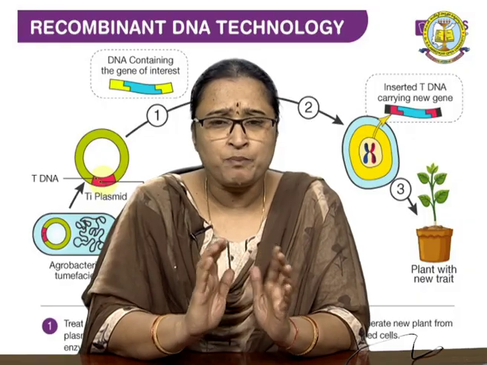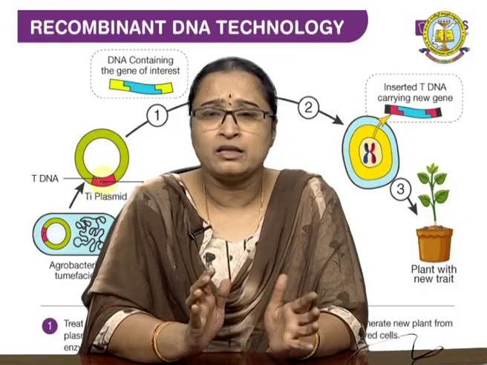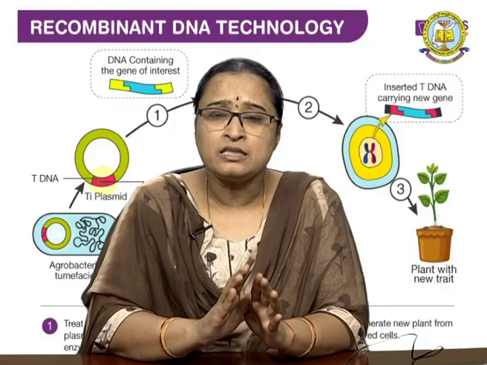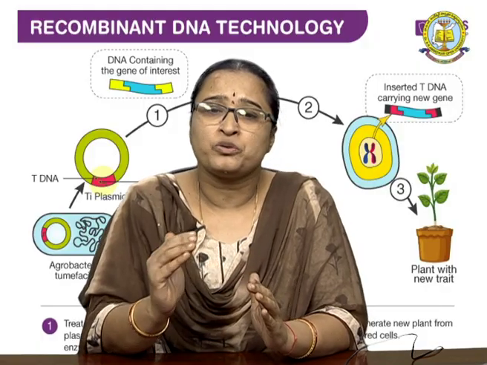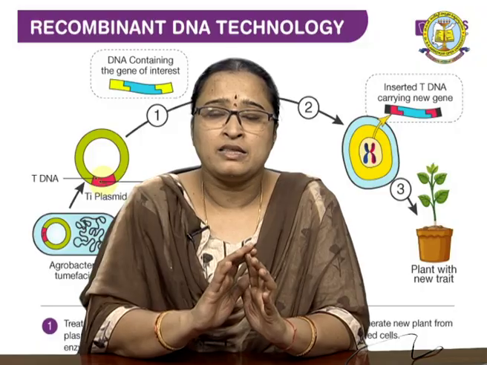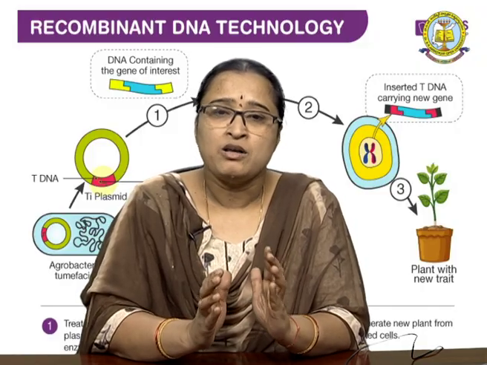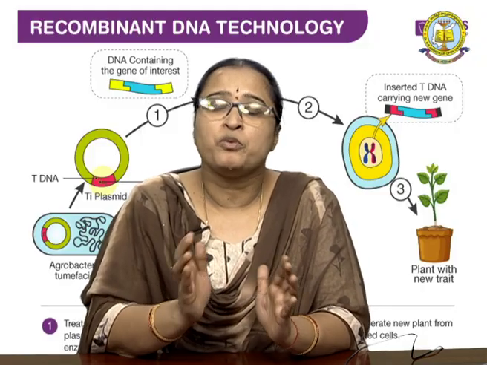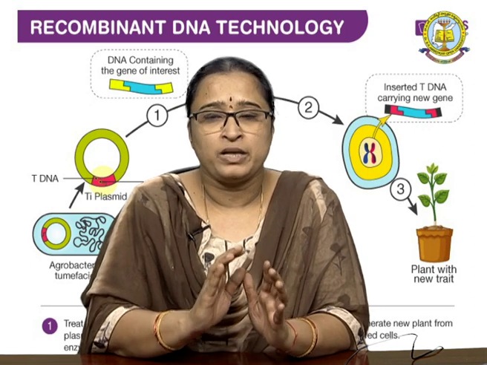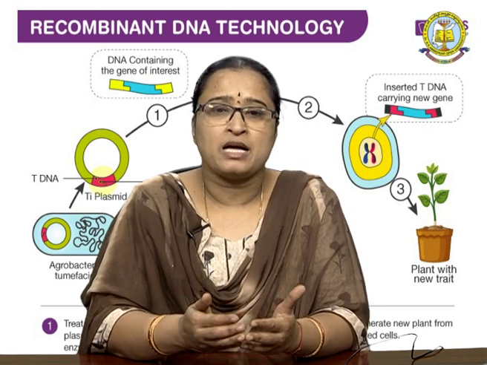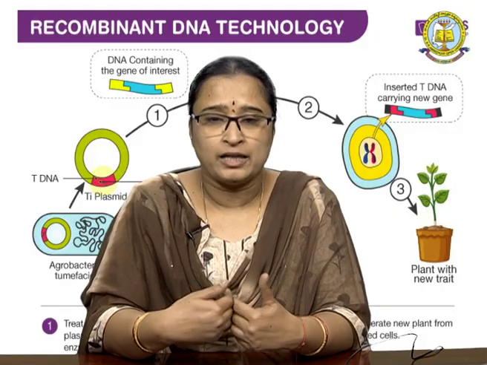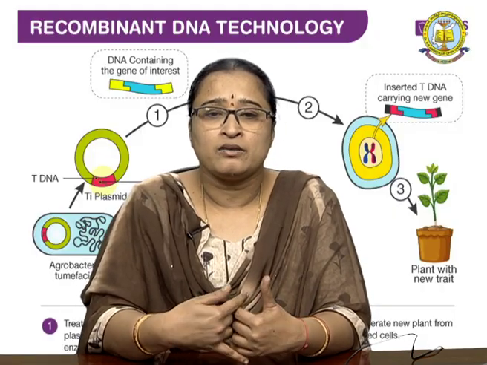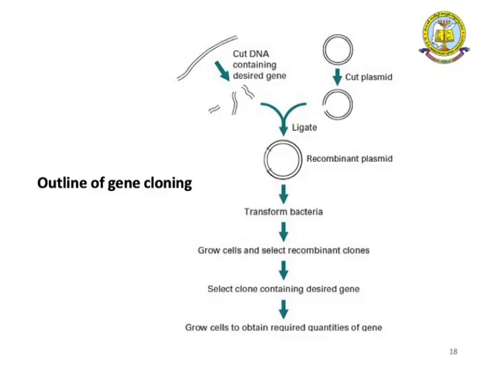After completing the recombinant plasmid, it is transferred to the bacteria. Another, a new type of plasmid, cutting the bacteria and plasmid, both are combined into the recombinant plasmid. This recombinant plasmid is now transferred to another bacteria. What happened? The cells grow, and after growing you can select only the recombinant colonies.